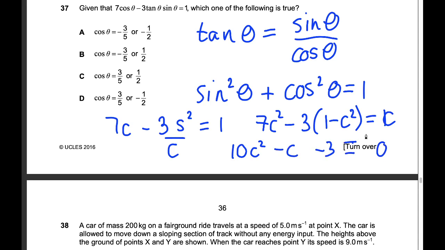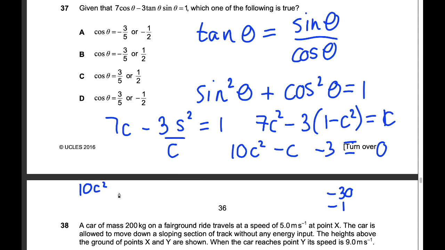Sorry, I'm writing in the gap here. So if I try and solve this, I'm looking for two numbers that multiply to give minus 30. That's my A times my C. And they add to give minus 1. So that's not too bad. Those solutions are, so if they multiply to give minus 30, they add to give minus 1, I can write this as, I'm running out of room here, 10C squared.